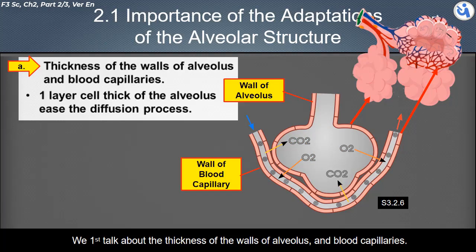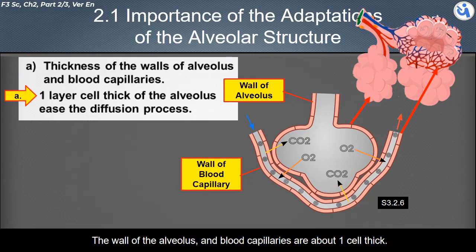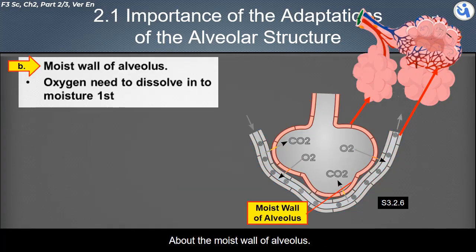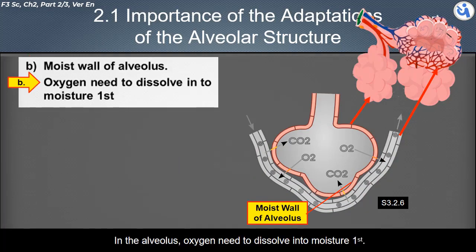We first talk about the thickness of the walls of alveolus and blood capillaries. The walls of the alveolus and blood capillaries are about 1 cell thick. It eases the diffusion process of oxygen and carbon dioxide. About the moist wall of alveolus: in the alveolus, oxygen needs to dissolve into moisture first.